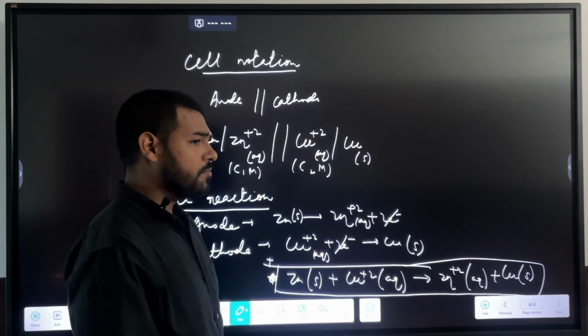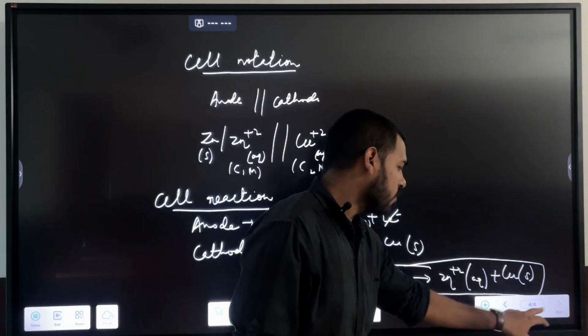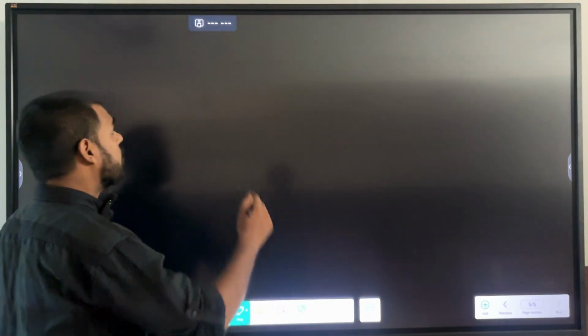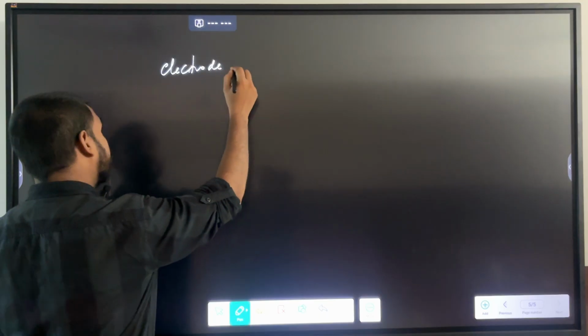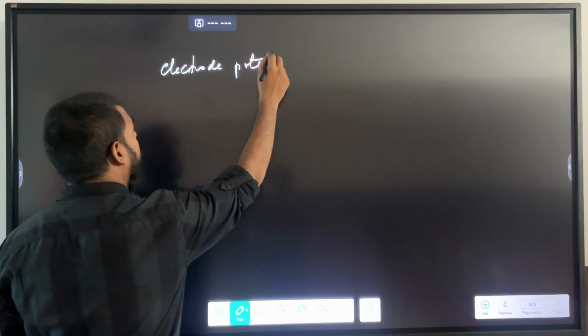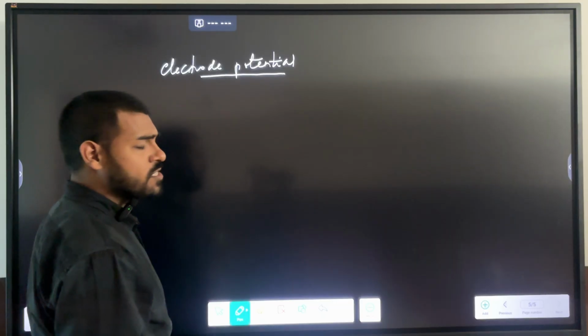Now coming to the cell potential. First of all, just have the electrode potential. What is happening in electrode potential?